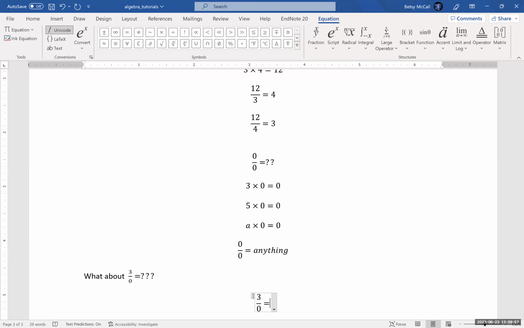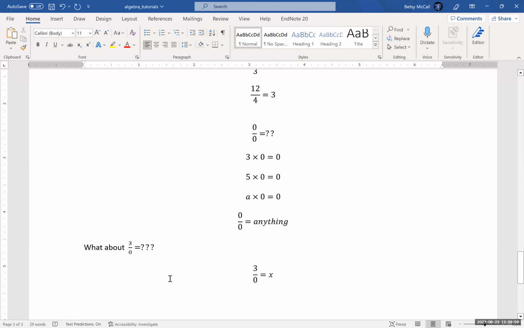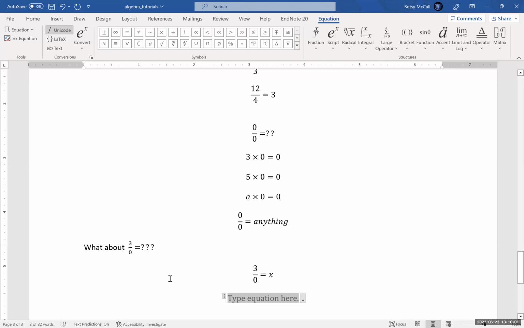Let's call it x. Well, what's the equivalent multiplication problem? x is probably a bad choice here because I want to use the times key, so let's call it a. The equivalent multiplication problem would be a times 0 is equal to 3.